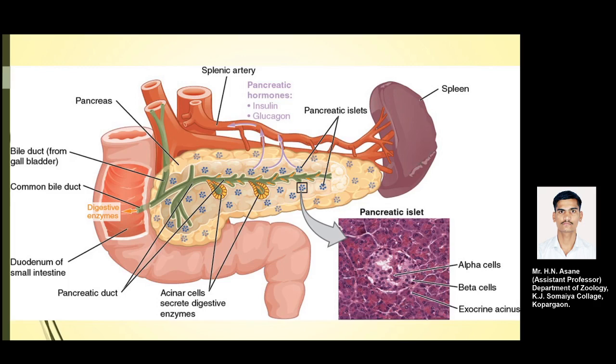As you can see, the location and composition: the spleen is where the pancreas ends, and the spleen is located just in front of the pancreas. The duct system opens into the duodenum, with a common duct for all the acinar cells which are producing the digestive enzymes.